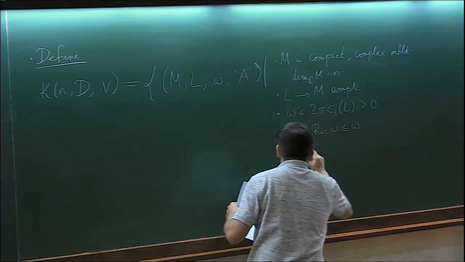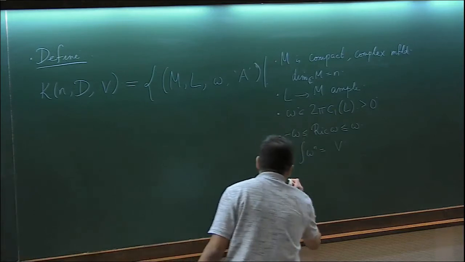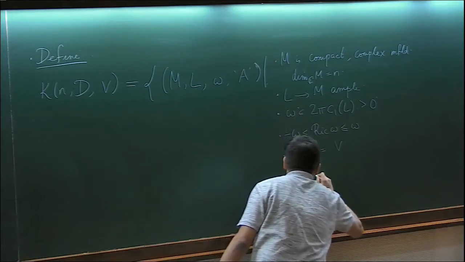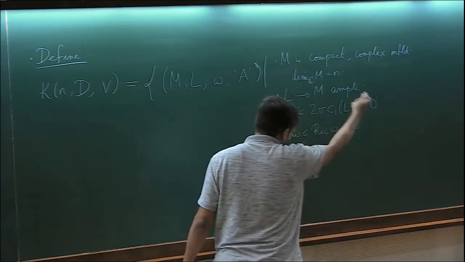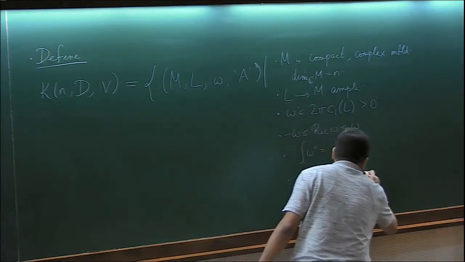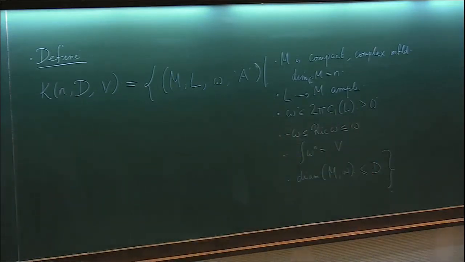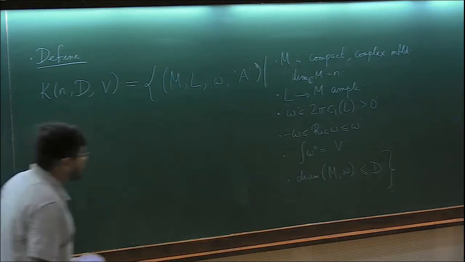I also want to normalize the volume to be this fixed quantity V, and since omega gives rise to a Riemannian metric, I want the diameter with respect to that to be upper bounded by D. Okay? So I look at the set of all such tuples.